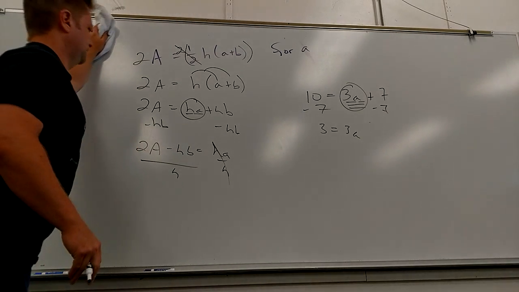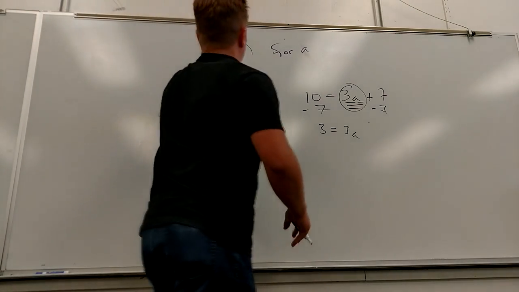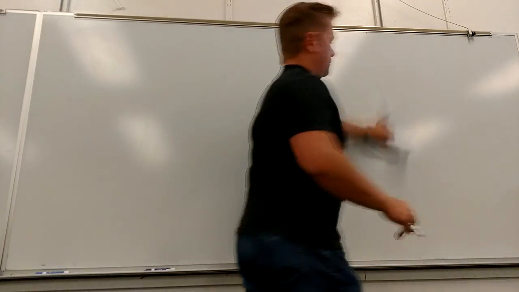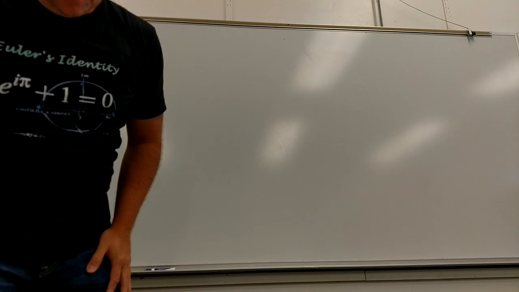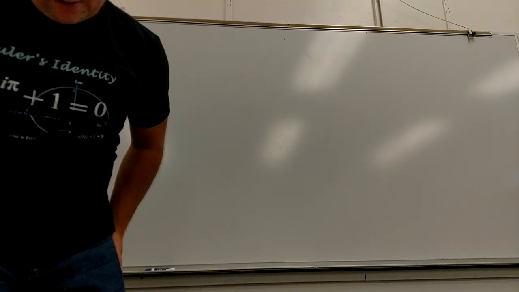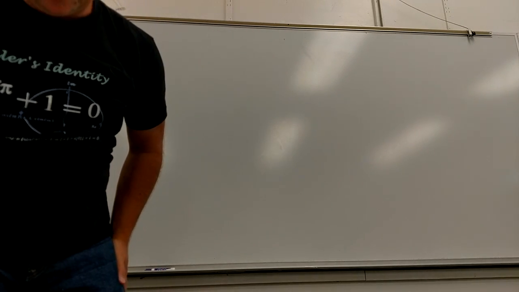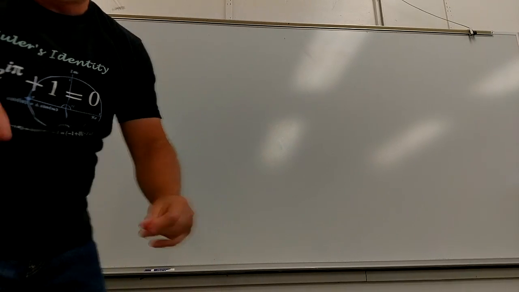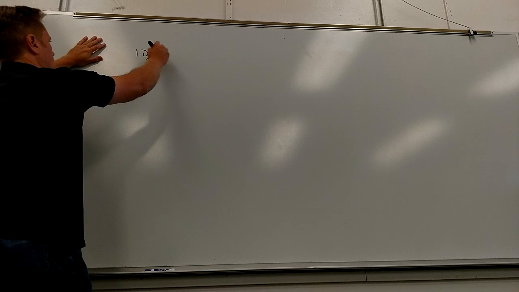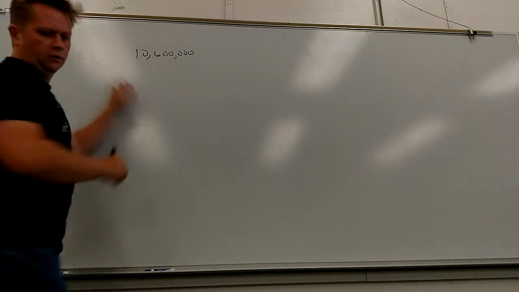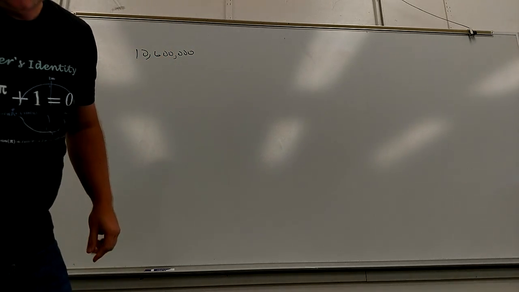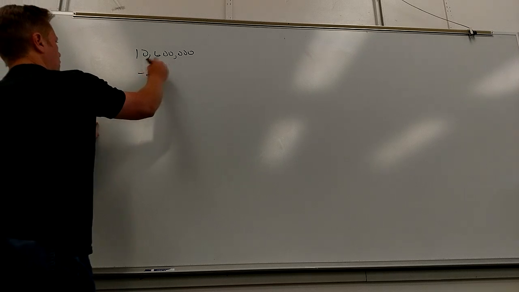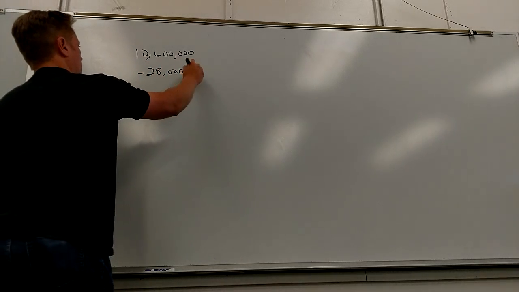Let's see. Oh, Greece and Belgium. Okay. So the population of Greece was 10,600,000 with a projection of a decrease of 28,000 per year.